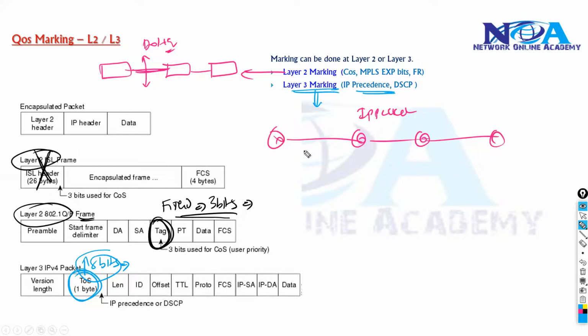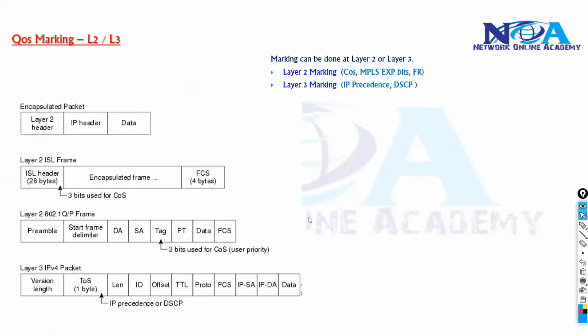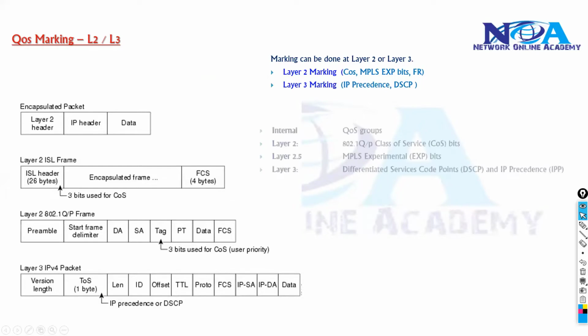So the marking can be done at layer 2 as it moves in your layer 2 network, with different values and different fields reserved for that. And as the packet travels from router to router as a layer 3 packet, there are special fields inside the header reserved to carry your marking options.